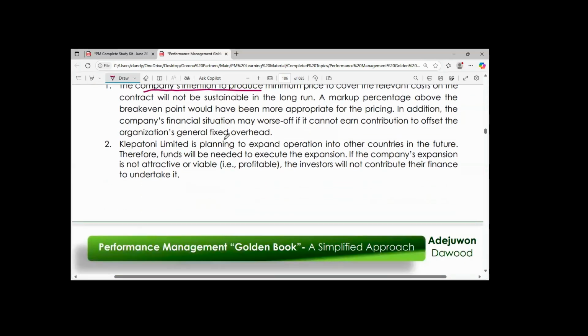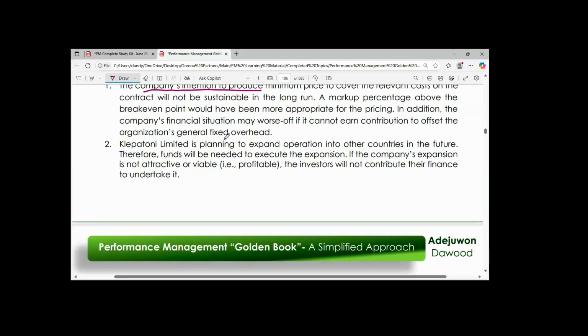No company operates in isolation, so you need funds for the purpose of running the business profitably. If a company is not being run profitably, if your intention is to just cover costs and break even, there is no attraction.